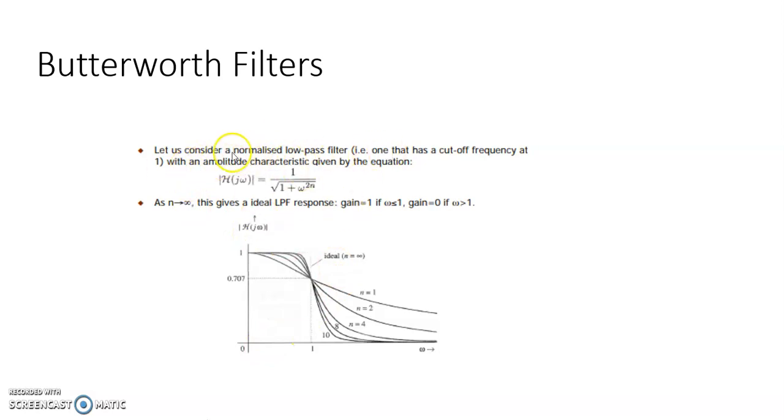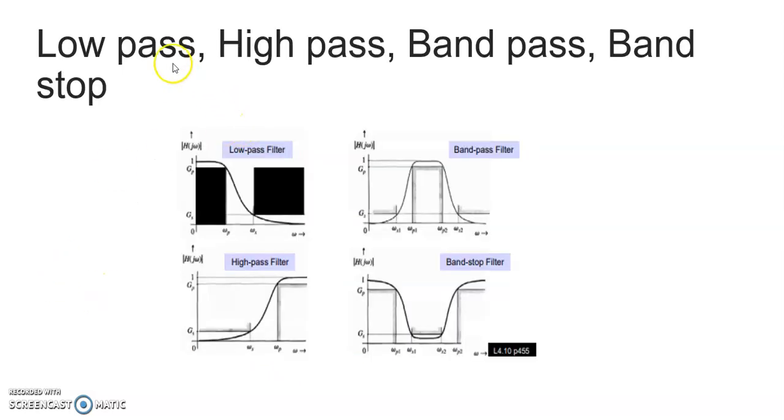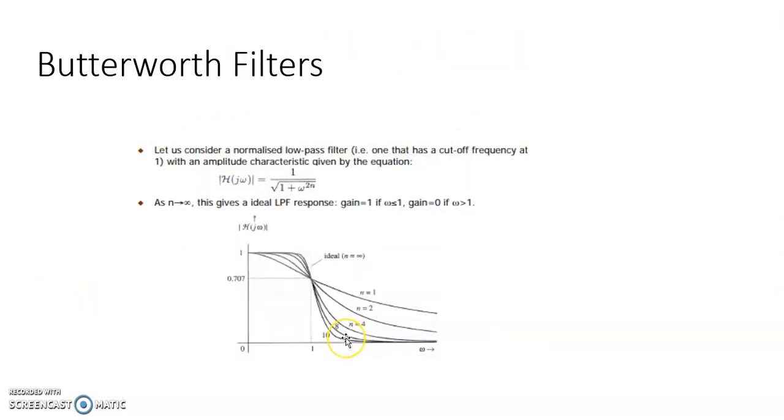So we have taken the example of a low pass filter, one that has a cutoff frequency with a certain amplitude characteristic equation. If n tends to infinity, this gives the ideal low pass frequency response. So just look at the characteristics. You have defined all the low pass, high pass, band pass and band stop with respect to these characteristics.